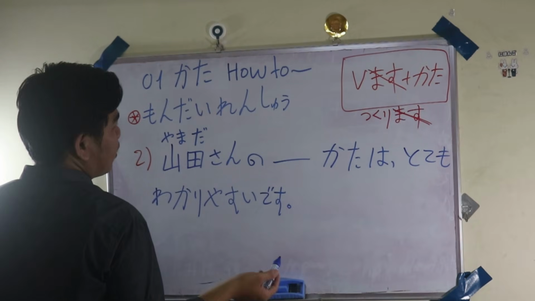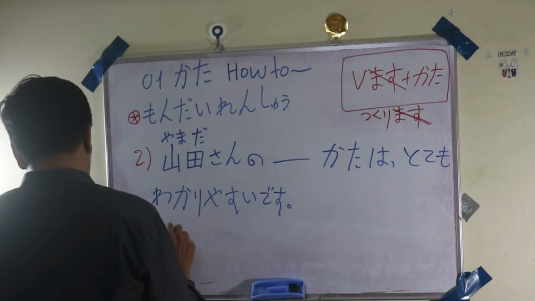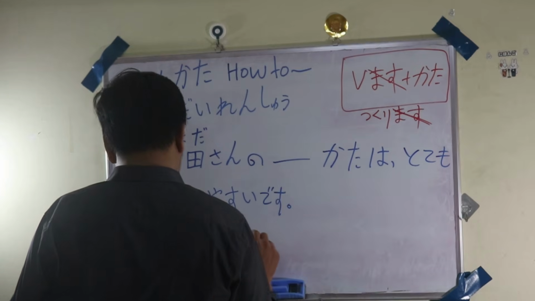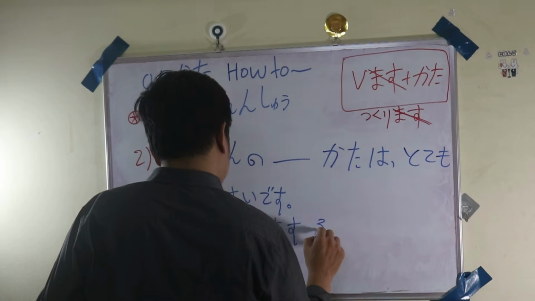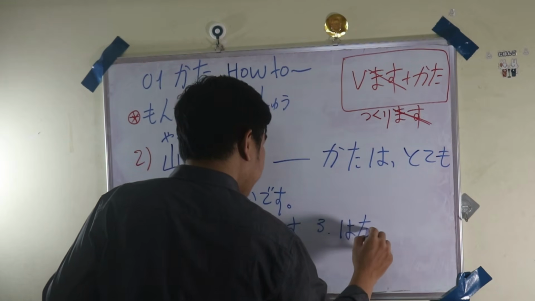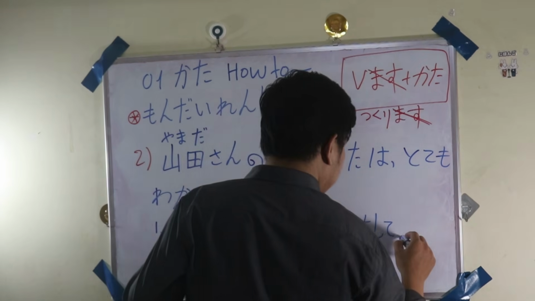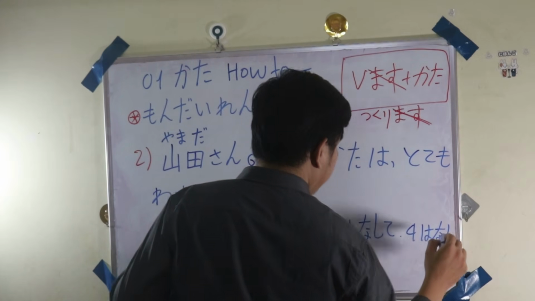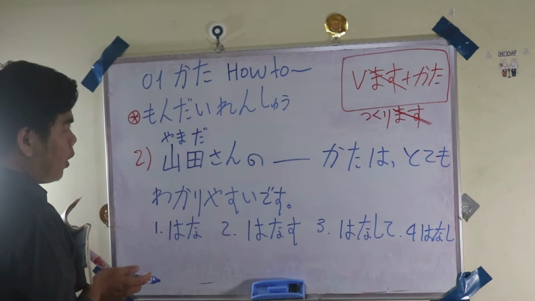山田さんの方、とてもわかりやすいですね。 Number 1 is 話, number 2 is 話す, number 3 is 話して, number 4 is 話し. Which one is it? Good answer.